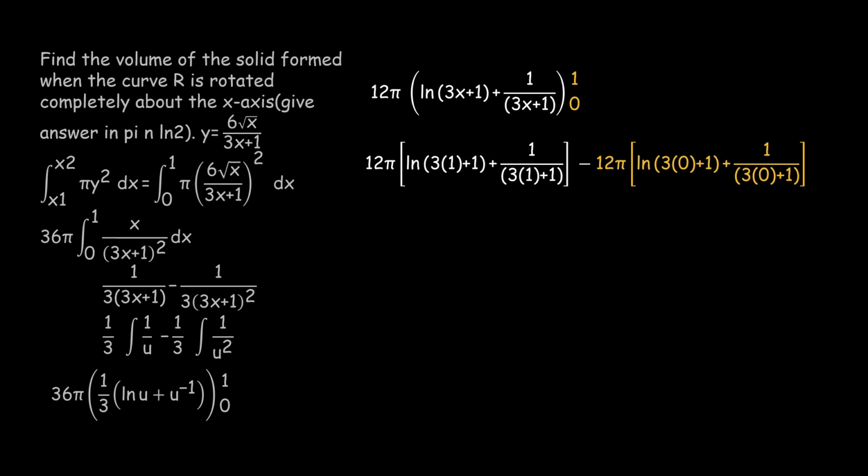So the first part of the expression would be 12 pi times natural log of 4 plus a quarter, minus 12 pi times 1. Simplifying this, I'll factor out the 12 pi, and we have natural log of 4 plus 1/4 minus 1, which is negative 3/4, right? And our final answer will be 12 pi times natural log of 4 minus 3/4.